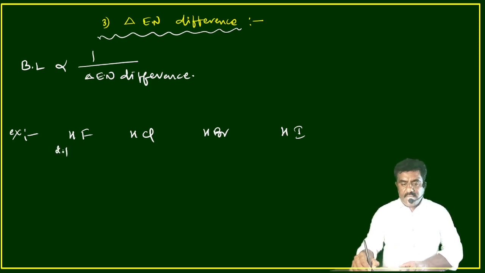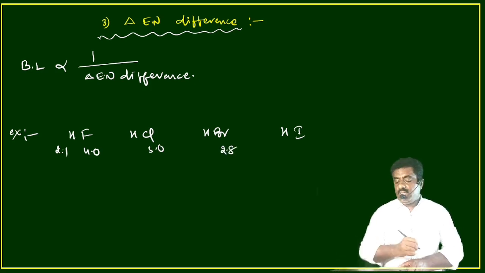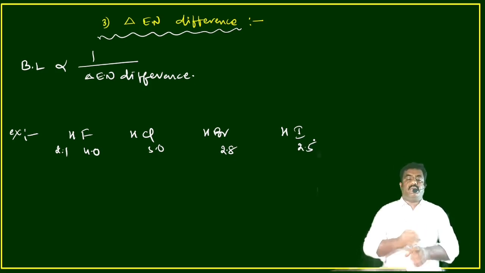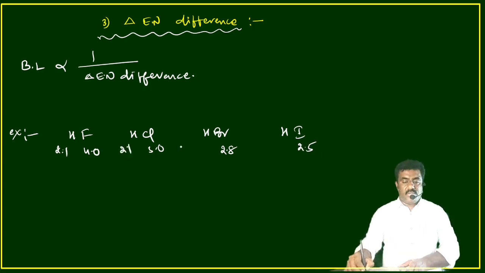Fluorine is 4.0. Chlorine is nearly 3.0. Bromine is 2.8. Iodine is 2.5. So hydrogen is common, at 2.1 each time.